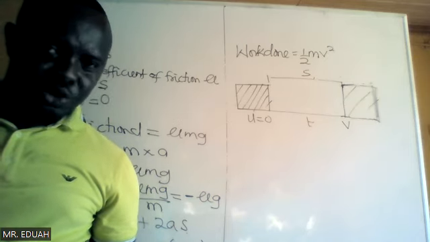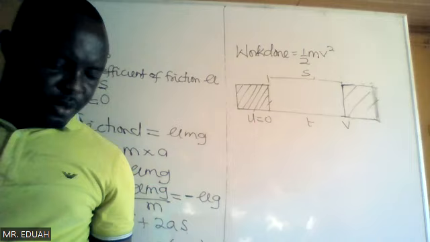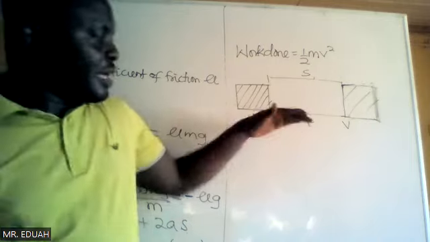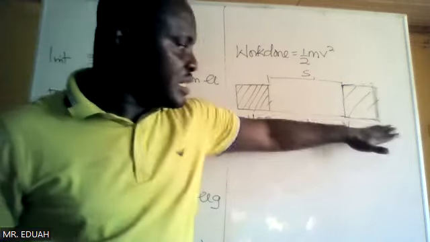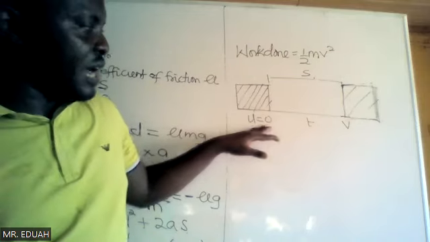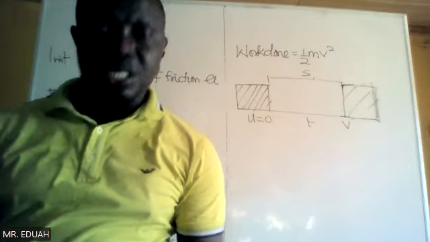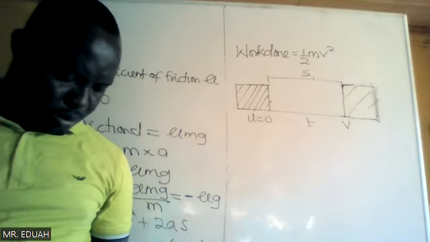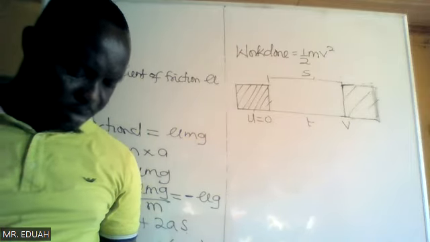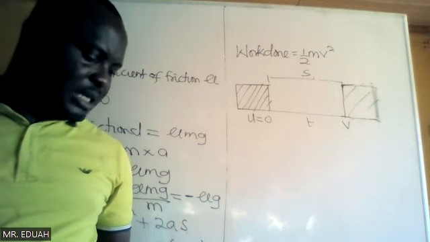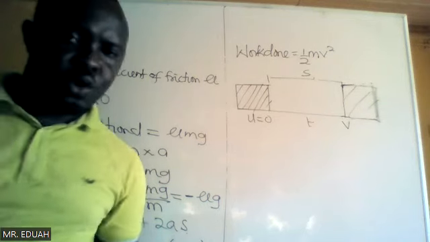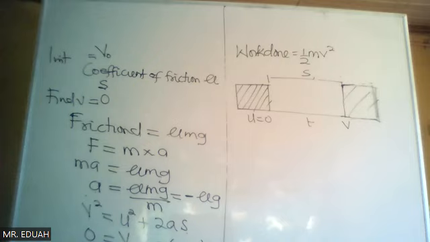I've asked a question. We are moving a body from here to this point. Its initial velocity is 0, its final velocity is v. Was there an acceleration or deceleration? Acceleration. Good. There's an acceleration because the body starts with a velocity of 0.